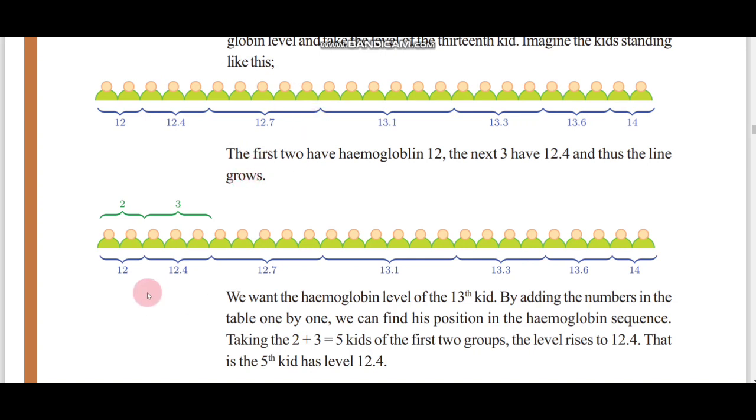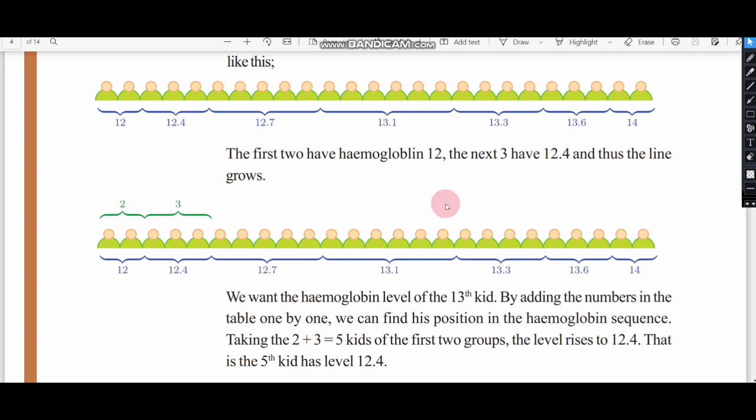Now, we know that if the number of observations is odd, then the median is the middlemost. The number of observations, 25, is an odd number, right?